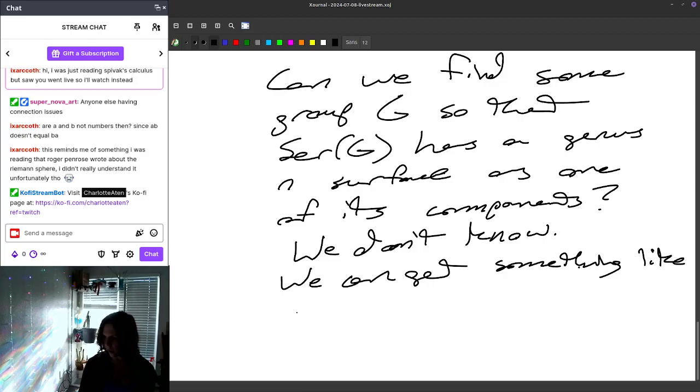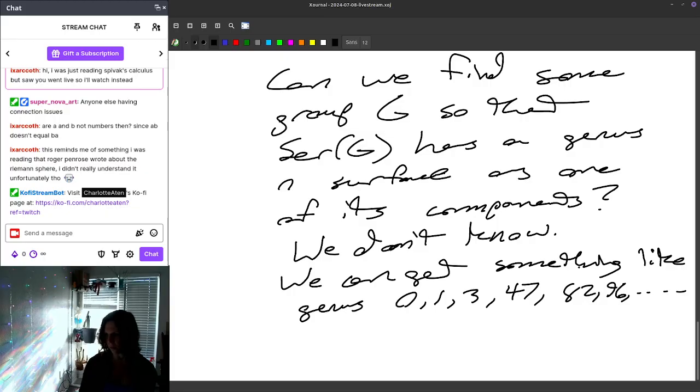But we can get something like genus 0, 1, 3, 47, 82, 96, blah blah blah. I don't know that these are the actual numbers, but we have infinite lists of numbers for which if you choose the number of holes to be that one, then we can find a group that when you do the construction to it will give you a surface with that many holes in it. But other than that, we don't know.